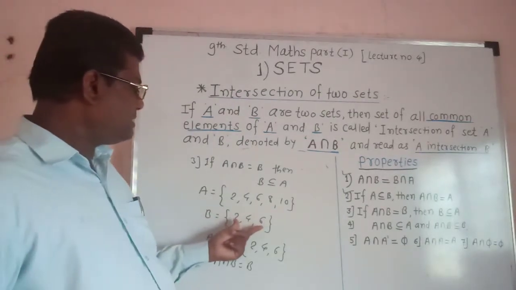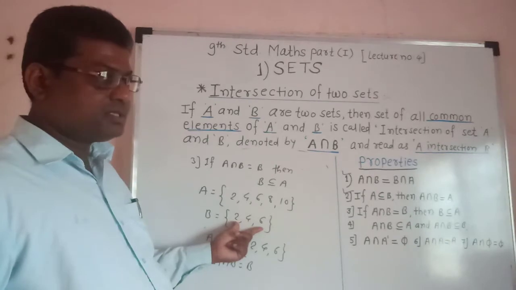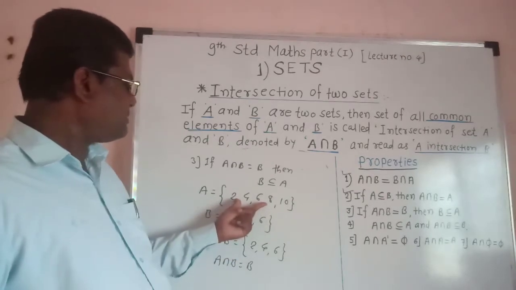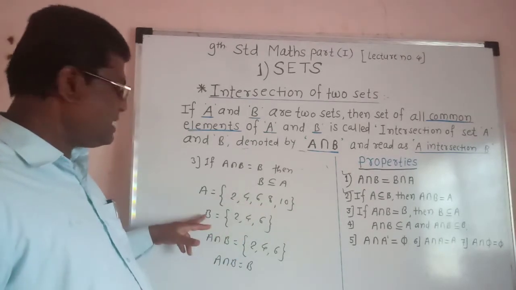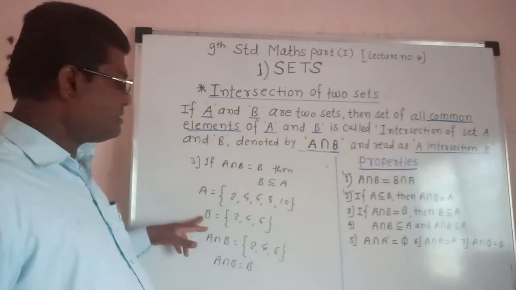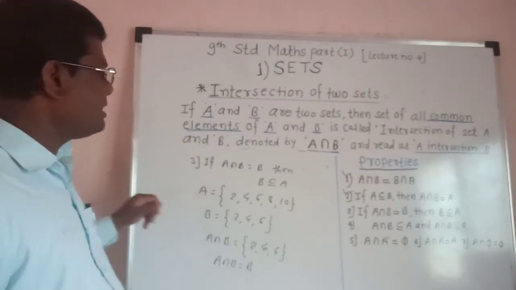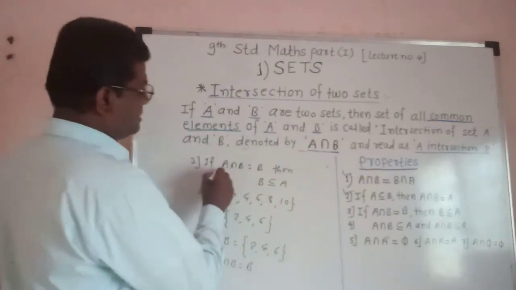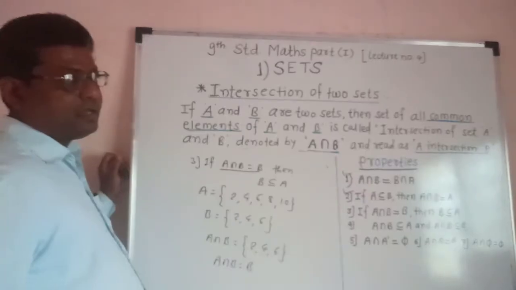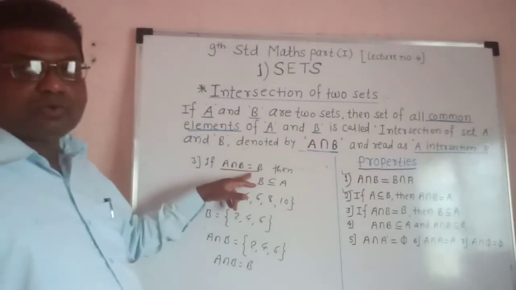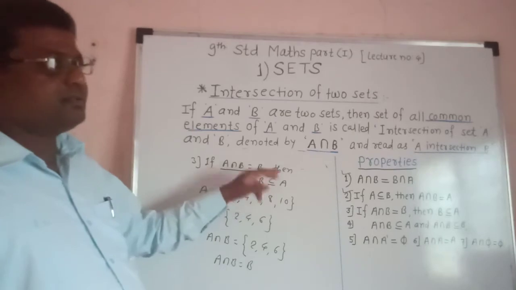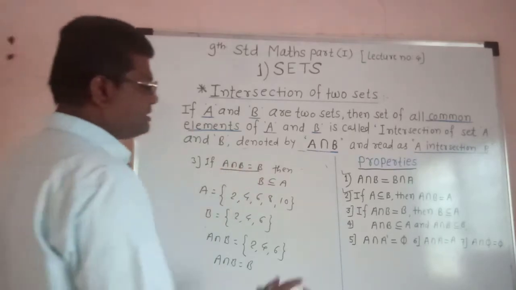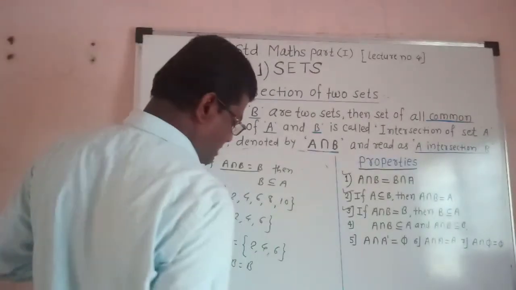Now, let us see that 2, 4, 6 are the elements of set A also. Therefore, set B is a subset of set A. So, this property is if A intersection B is equal to B, then B is a subset of A. This is property number 3.